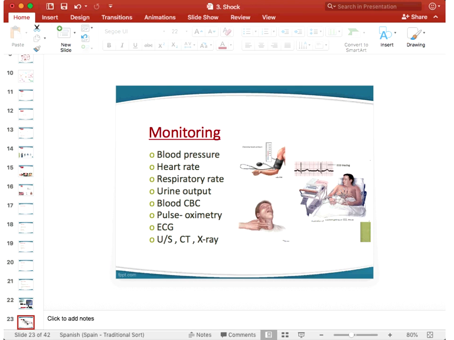In the intensive care unit, they have the monitors on the patient 24 hours a day. So you are watching the blood pressure constantly, the heart rate, the respiratory rate. You're watching how much the patient is urinating, and you can take blood samples every now and then, almost when you need them.